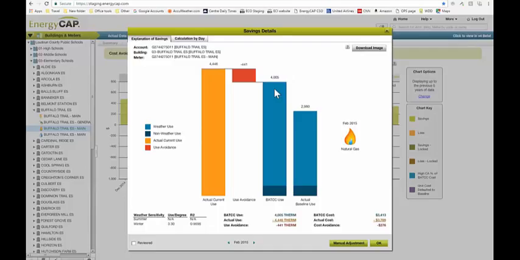adequately explain what happened. This would be a case where we'd have to go into EnergyCAP, enter a special adjustment, and tell EnergyCAP to add more therms to the adjusted baseline to account for the extra gas used in freeze protection.